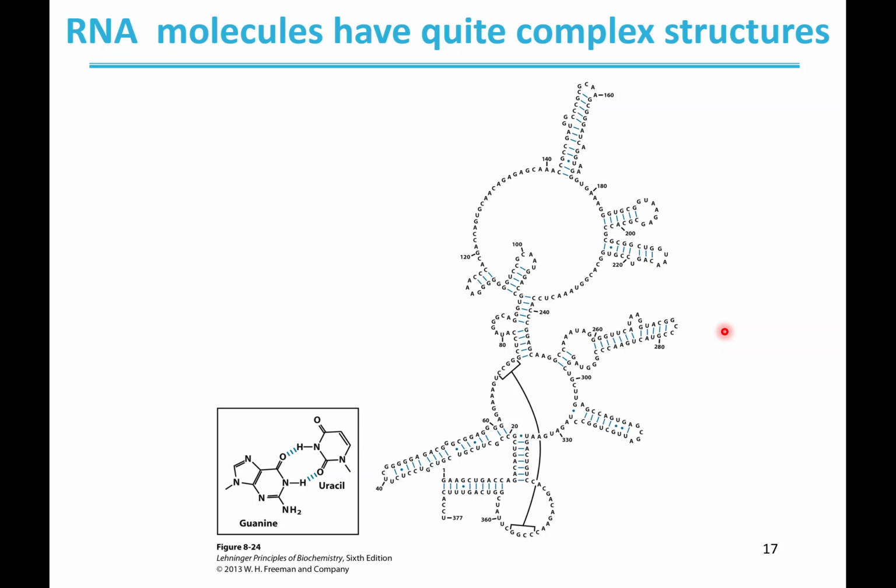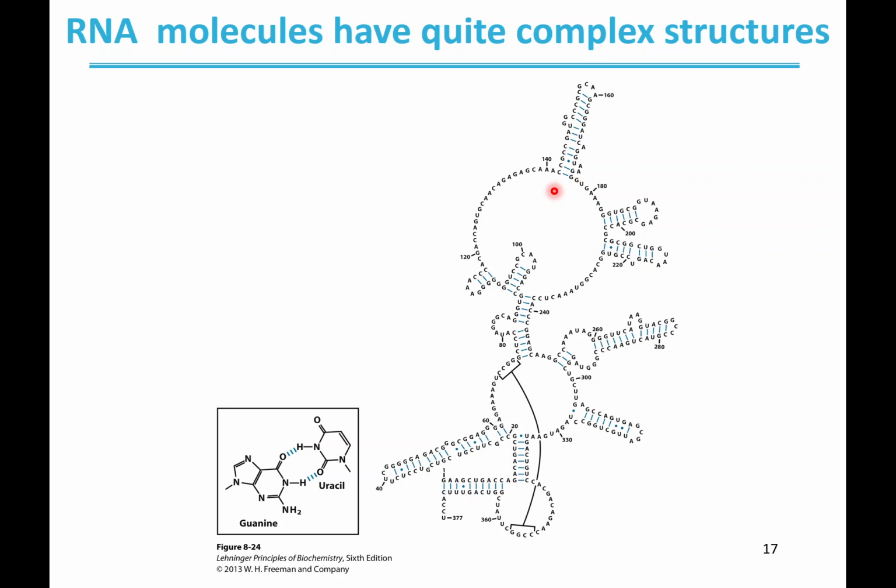In RNA molecules, because they're single-stranded, they don't have a complementary strand to hydrogen bond with. They're going to hydrogen bond with themselves, and they can form some really complex structures, and those are shown here in one example.